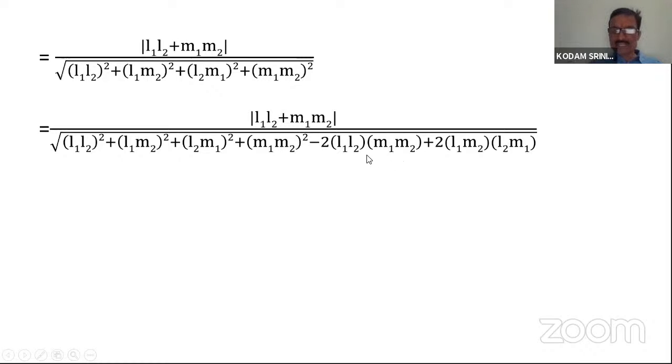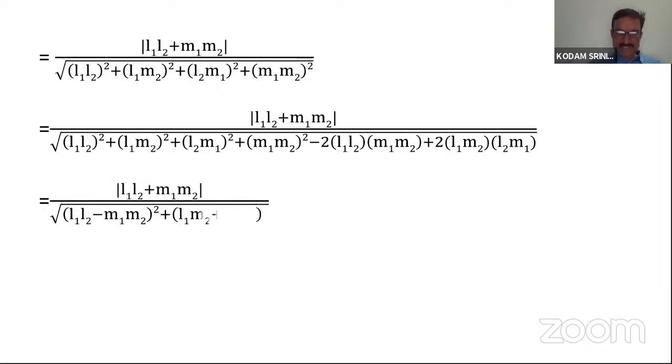Here I am just rearranging the terms as per our convenience. I am writing the first step as 2 L1 L2 M1 M2, and the second as 2 L1 M2 L2 M1, but these two terms are the same in magnitude. I am adding 2 L1 L2 M1 M2 and subtracting 2 L1 L2 M1 M2.